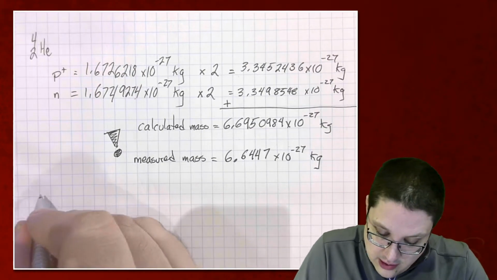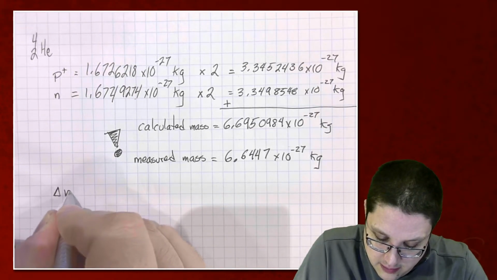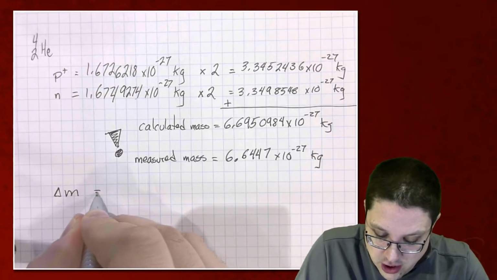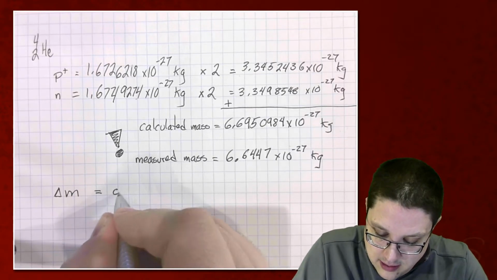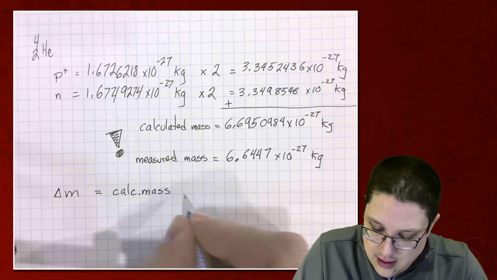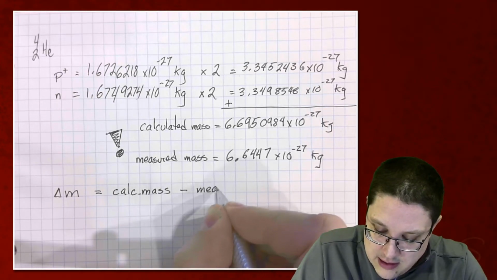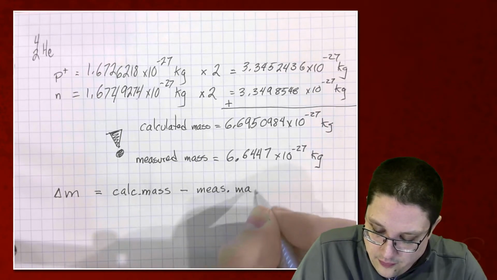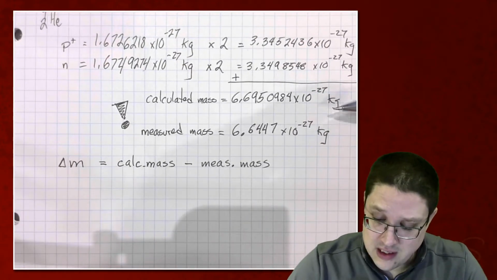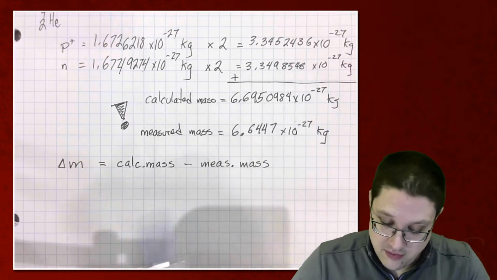If I take a look at this, I'm going to find my delta M, or my change in mass. I'm going to take my calculated mass and subtract my measured mass. To find how much is missing, I'm just going to take this minus this, pretty straightforward.